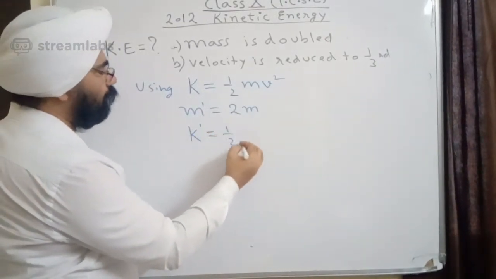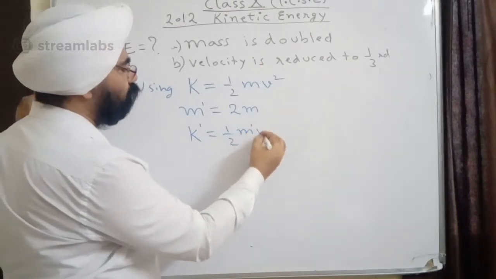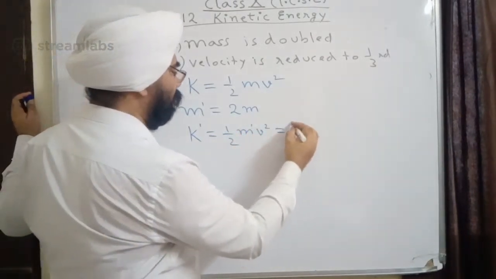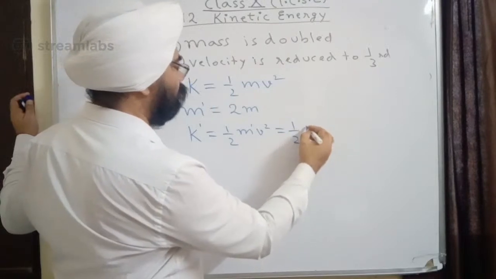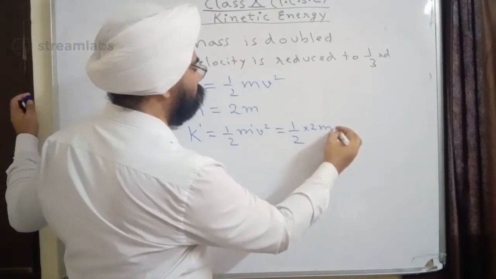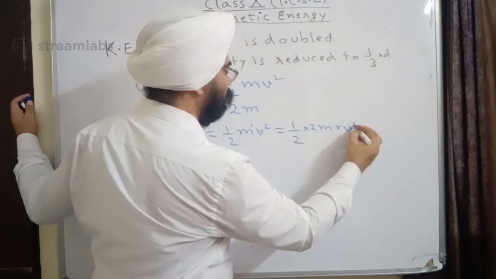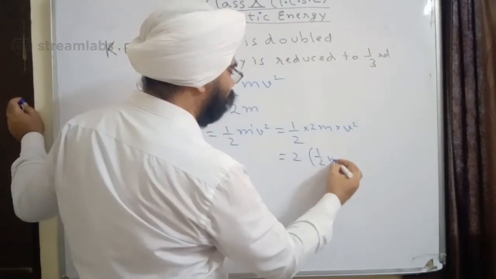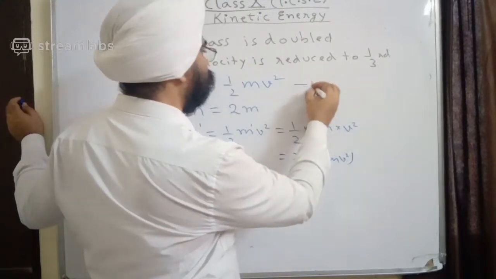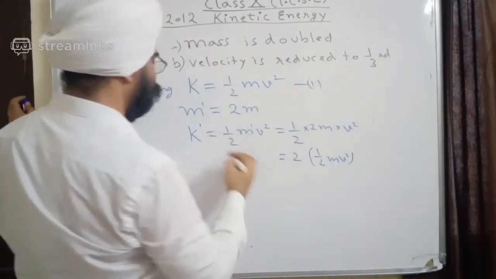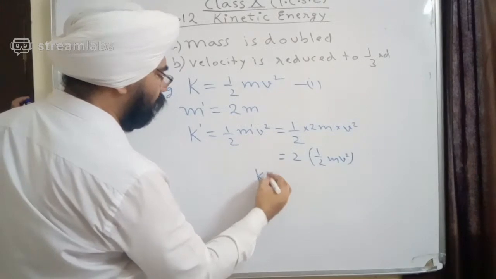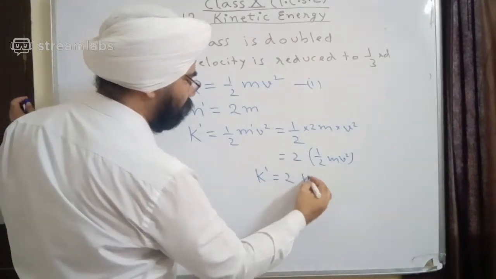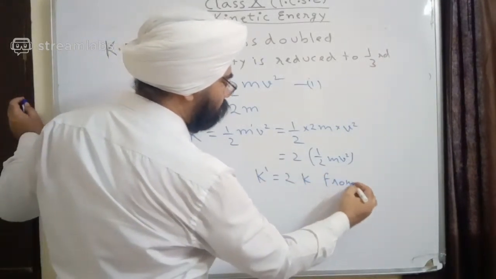K dash is equal to half m dash v square, which means it becomes half into 2m into v square. So I pull out the 2 and I put half mv square. So this is my first equation. So from 1, k dash is equal to twice k.